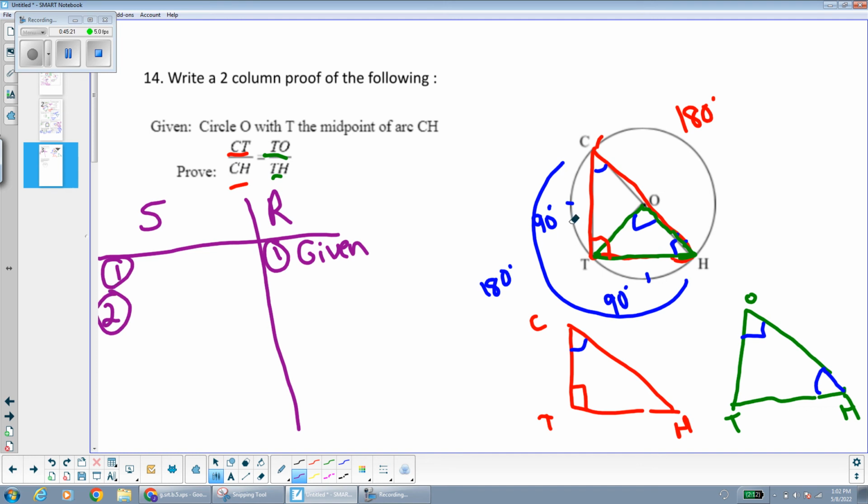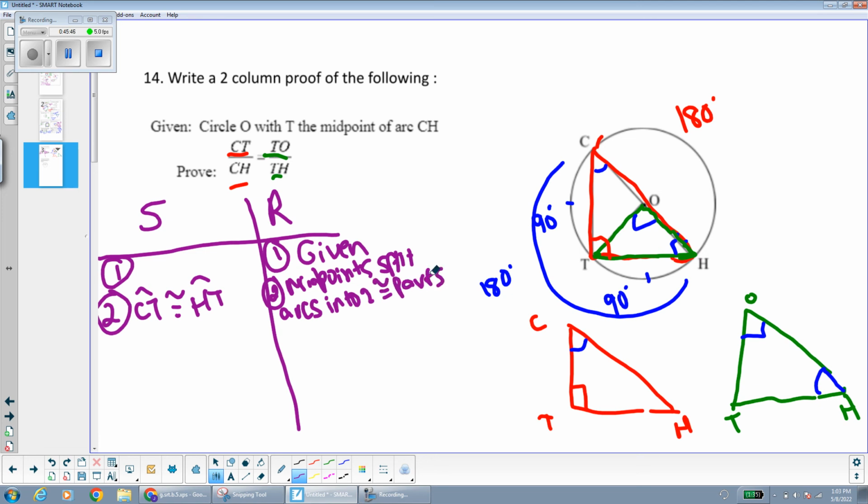Then we said that arc CT is congruent to arc HT, and our reason is that midpoints split arcs into two congruent parts. Any way of wording that says that this whole arc TH is being split equally in half is totally fine.